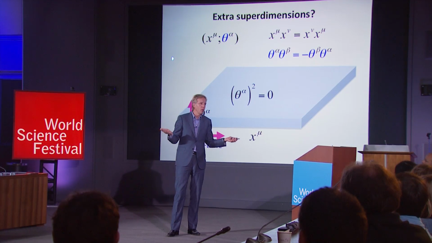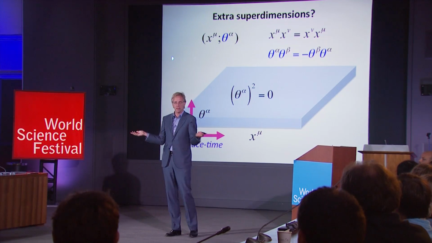In everyday life, we only use commutative numbers. But mathematically, you can also have non-commutative numbers. Nature uses non-commutative numbers to describe our fermions. There, 2 times 3 would be minus 3 times 2, which would be quite bizarre. But this can happen, and it seems nature likes this option.